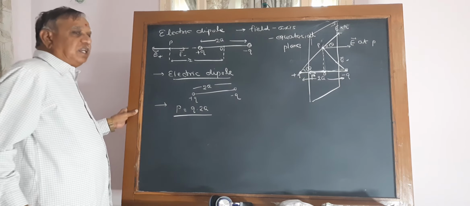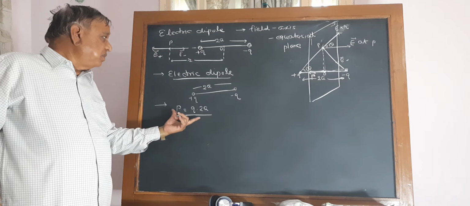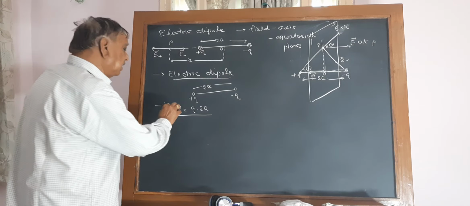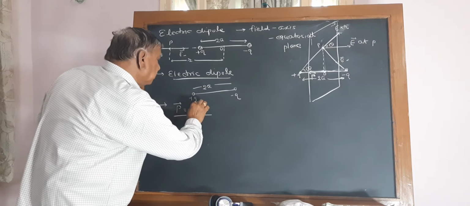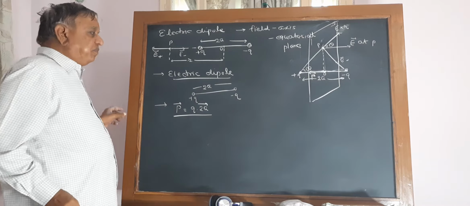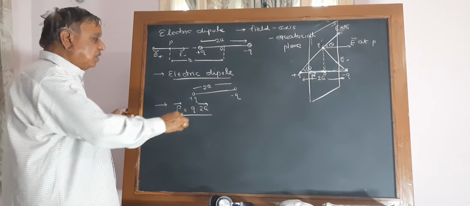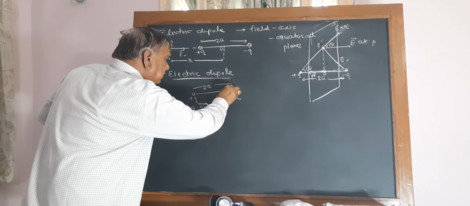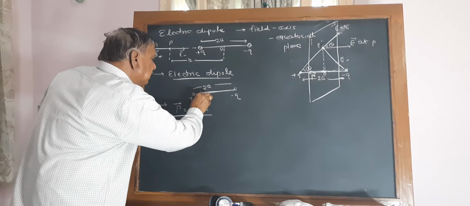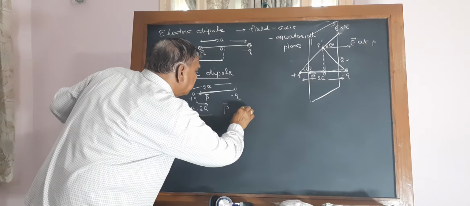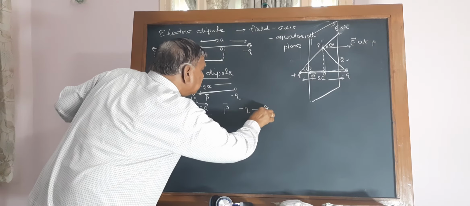This is known as electric dipole moment. It is a vector quantity directed from negative charge to positive charge. P is from minus q to plus q.